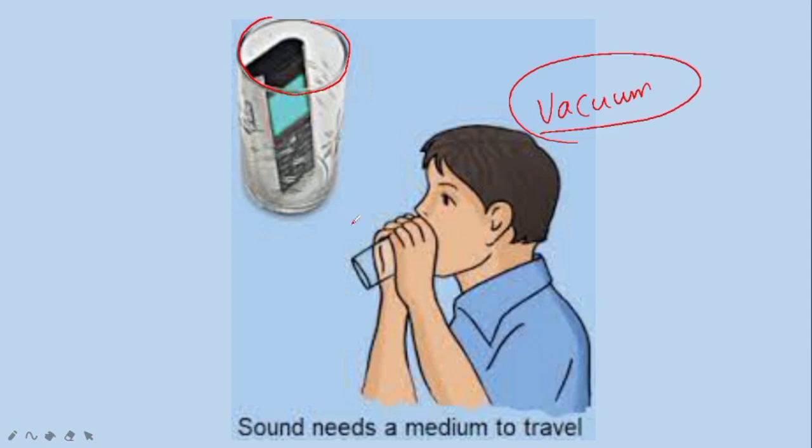Here, whenever the air is present, you heard sound, but when you remove air by sucking it, a vacuum is created and the sound becomes fainter, right? So by this activity, we can prove that sound needs a material medium for its propagation. In a vacuum, sound cannot travel.